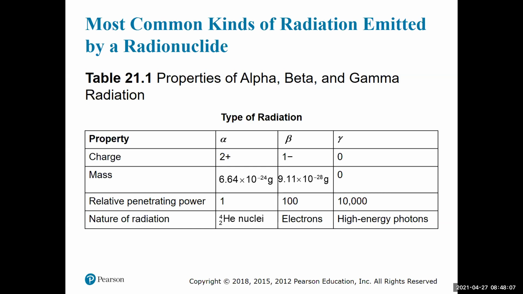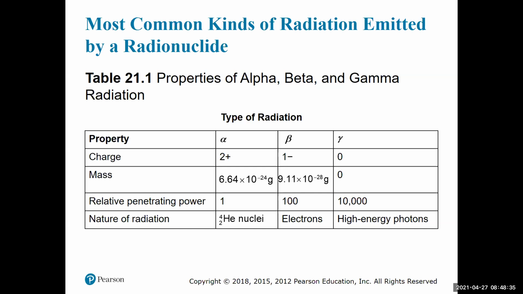And so this penetrating power is a big deal because I think, as most people probably know, there are some medical applications for nuclear type medicine. And so if you're trying to get a lot of penetrating in, then you would use something that's a gamma emitter. If you don't want much penetrating power, then you'd use an alpha or beta.